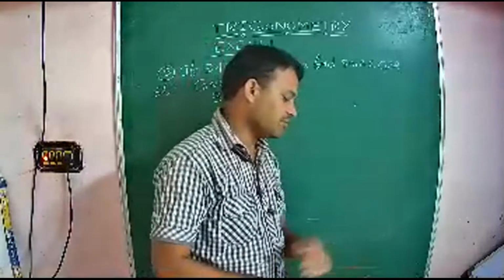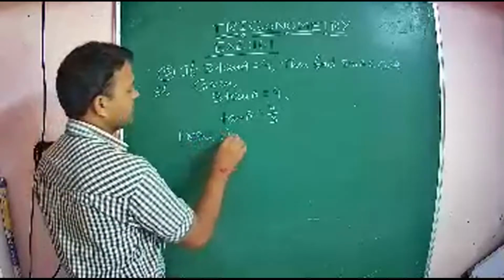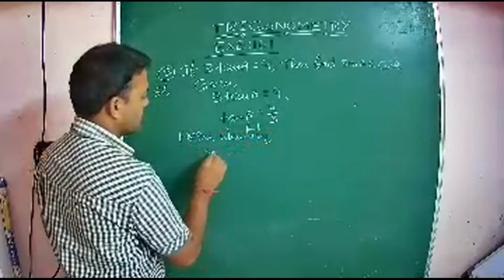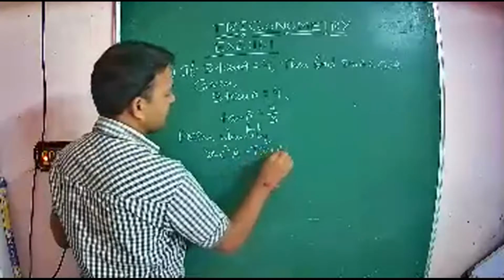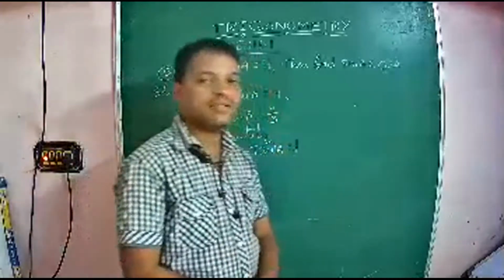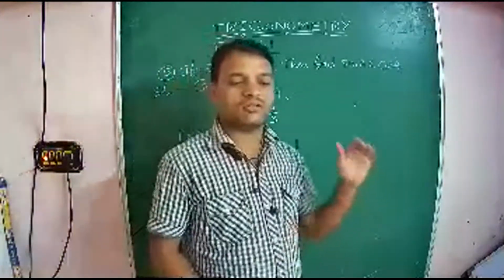Suppose you are using the identity secant square a minus tan square a is equal to 1. Here secant square a minus tan square a equal to 1. The proof of this I will explain in the next class.